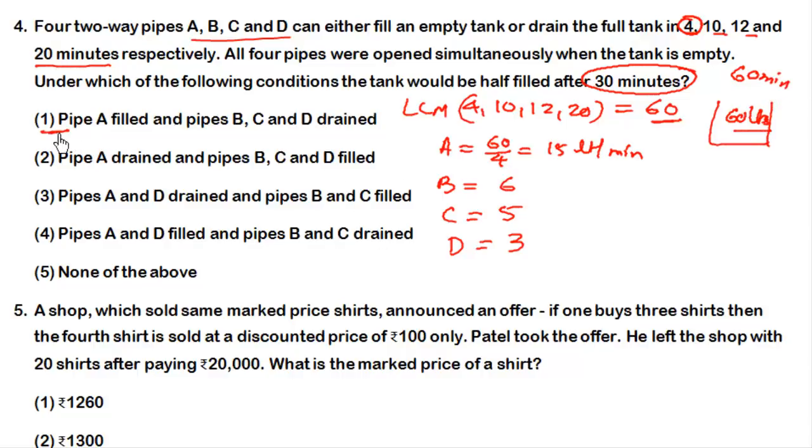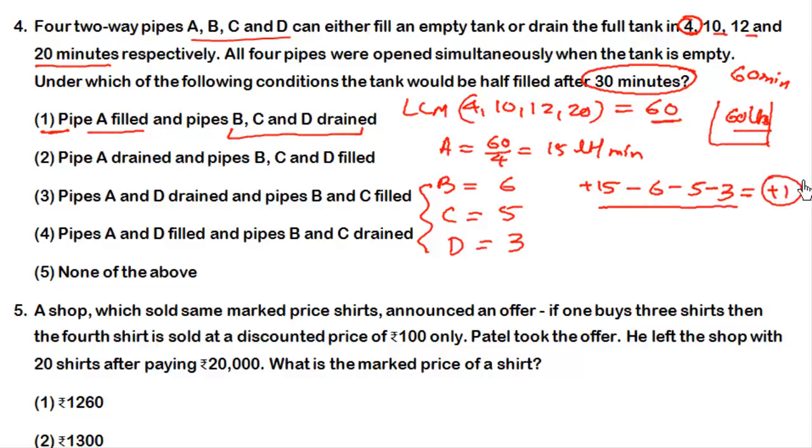If I take the very first option, it says that pipe A should fill and the rest of the pipes should drain. So in such a case, what will happen in a minute? At the end of the first minute, A will put 15 liters of water inside the tank, and all other three will drain it out. B will drain 6, C will drain out 5 liters, and D will drain out 3 liters. If I just calculate this, it comes out to be +1.